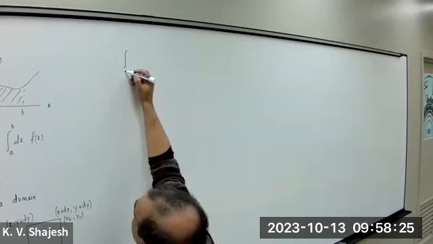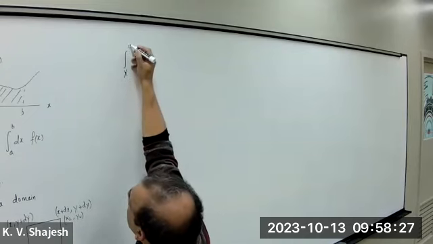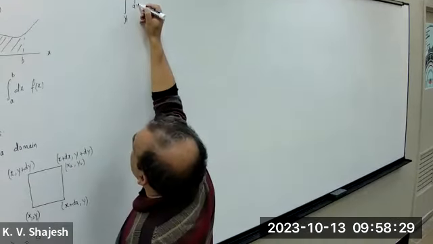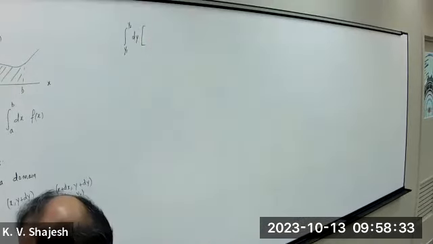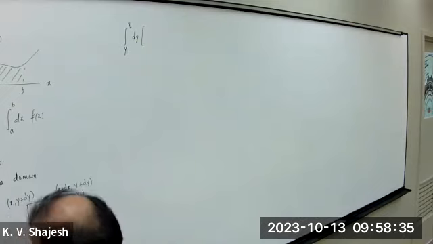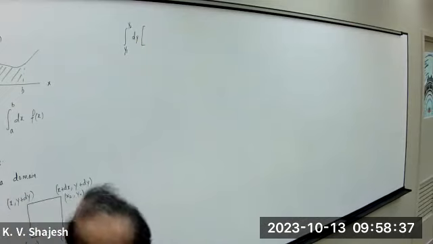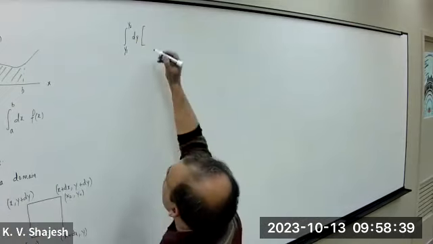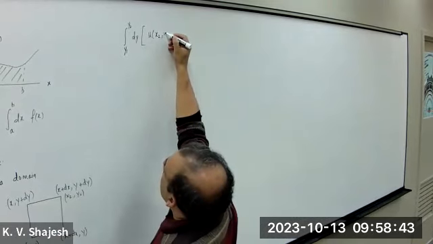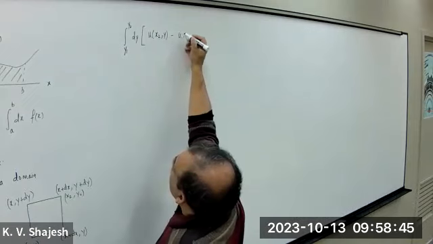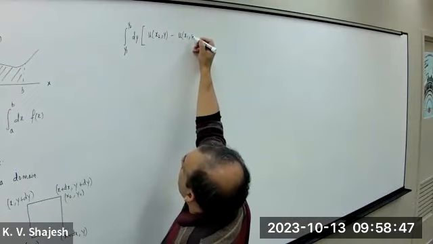Once I have finished that, this is y1 to y2 dy, and the u integral goes from x1 to x2. So it is u of x2 comma y minus u of x1 comma y.